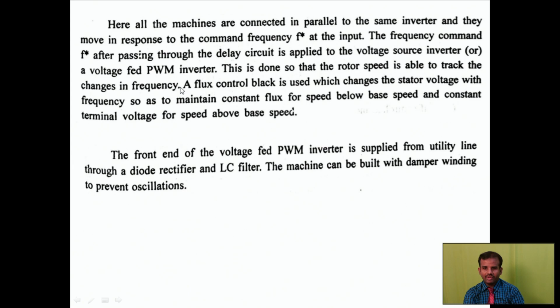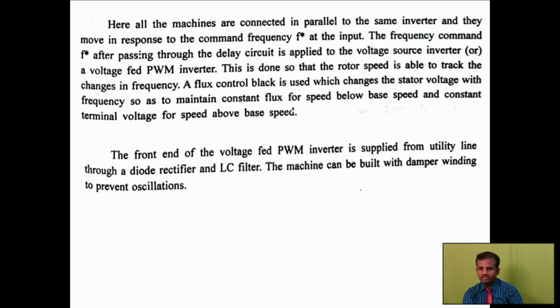Next is the flux control block, which is used to change the stator voltage with the frequency so as to maintain constant flux, similar to the induction motor, for speed below base speed, and constant terminal voltage for speed above base speed. The machine can be built with a damper winding to prevent oscillation. We use a damper winding in this separate control mode to prevent hunting oscillation.